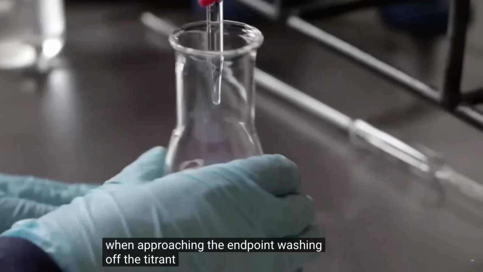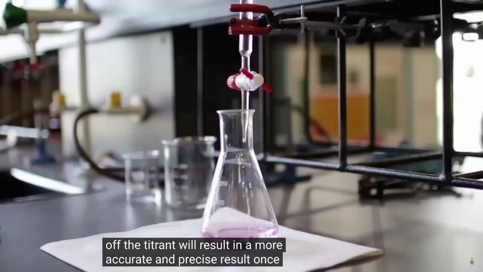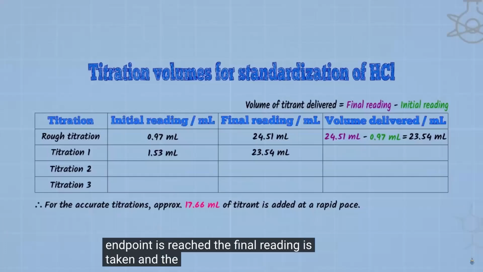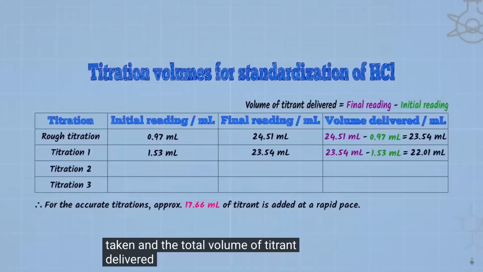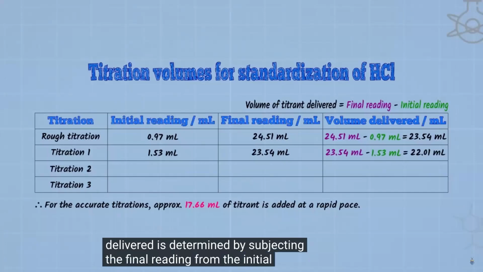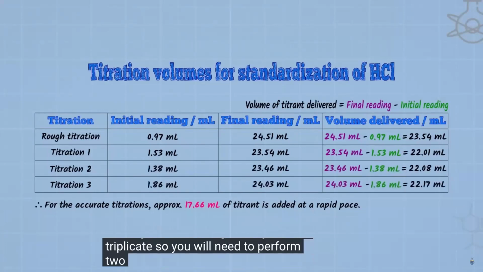Washing off the titrant will result in a more accurate and precise result. Once the endpoint is reached, the final reading is taken and the total volume of titrant delivered is determined by subtracting the final reading from the initial reading. Titrations are generally done in triplicate, so you will need to perform 2 more titrations.